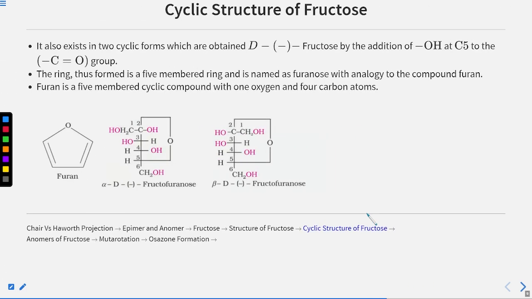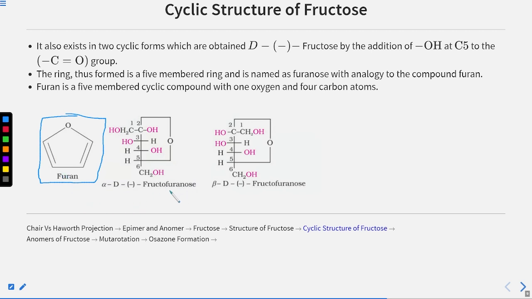Now, next, let us talk about the cyclic structure of fructose. Again, we are not able to explain most of the properties of fructose with the help of the open chain structure. Therefore, we introduce the cyclic structure. How does the cyclic structure look? We have a furan. Now, similar to glucose, which was similar to pyranose, fructose is similar to furan.